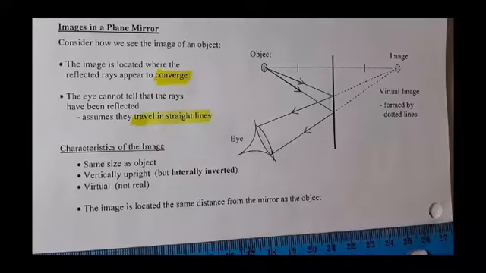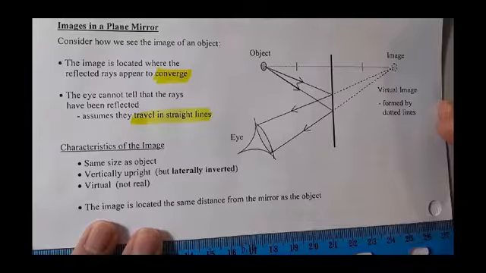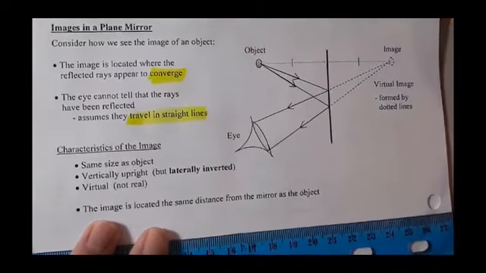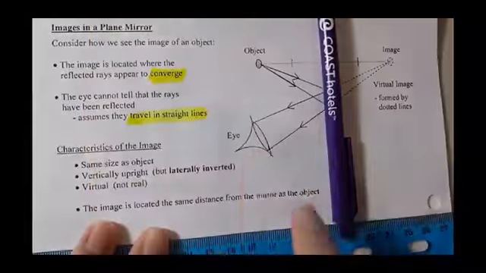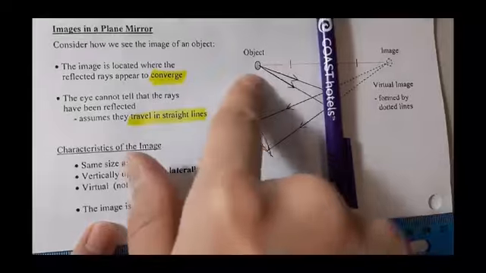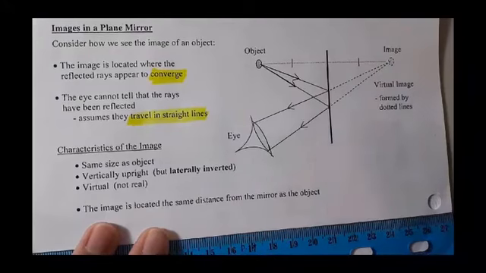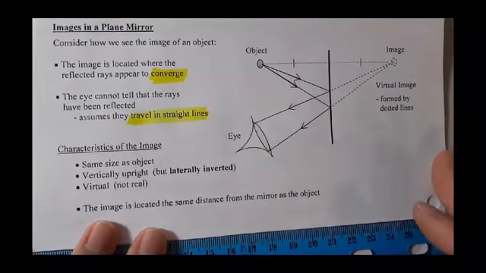I'm going to talk about converging image and diverging image later. Converging image is something that we see as real. So if you look at the left side over here, I have my eye and I have an actual object. It's a converging image. If it goes the other way, that's a diverging part. But again, we're going to talk about that in detail when we talk about the line diagram and the others.